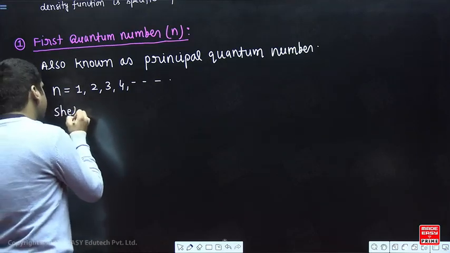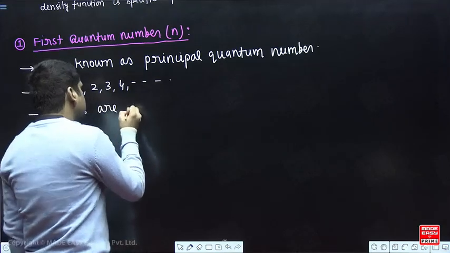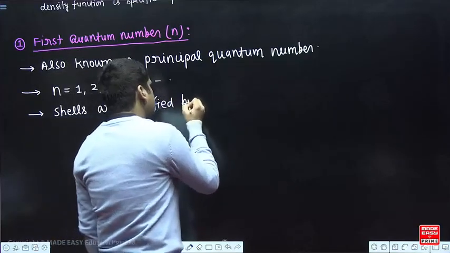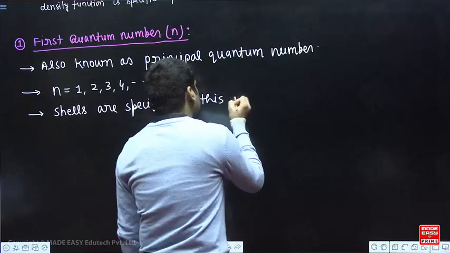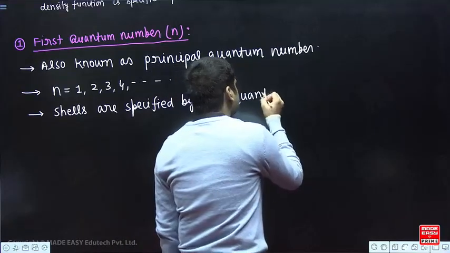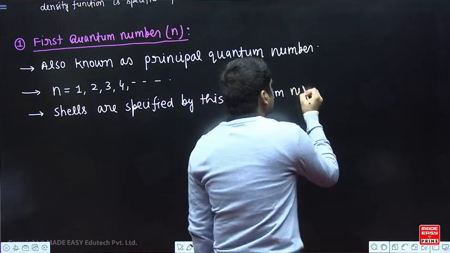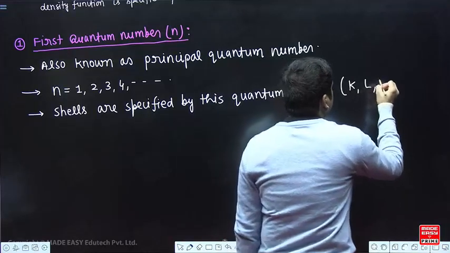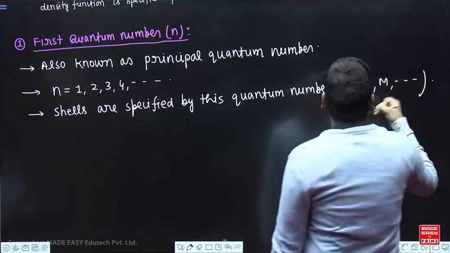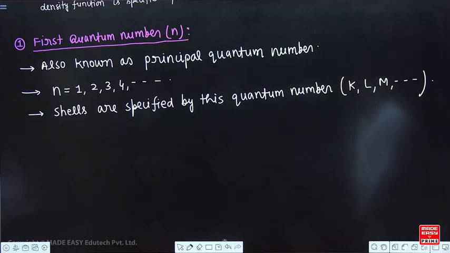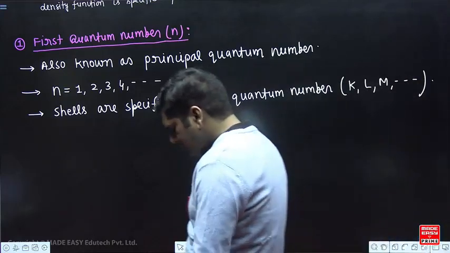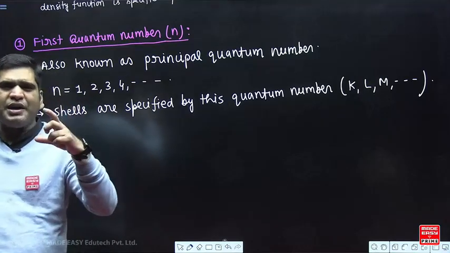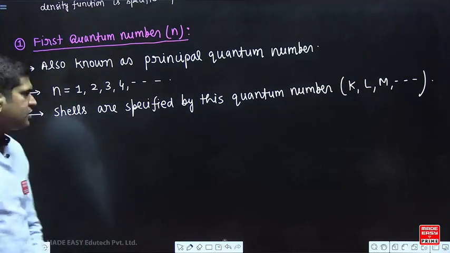It tells you how much distance the electron has from the nucleus. Shells are denoted as K, L, M: first shell K, second shell L, third shell M. So it will give you a rough idea about the distance of the electron from the nucleus.